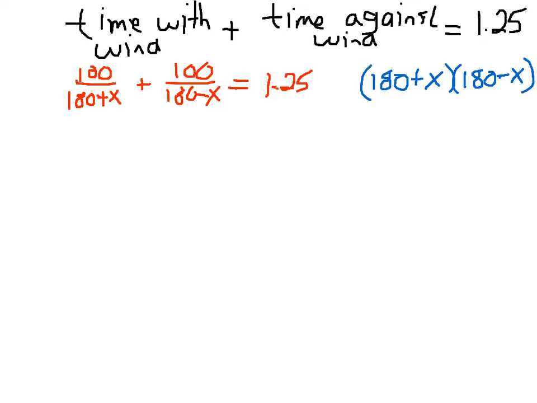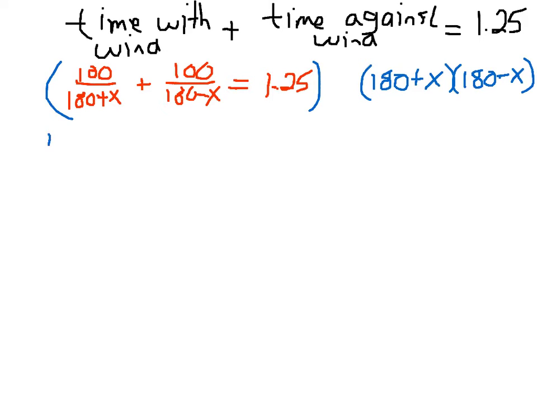When you multiply both sides of this equation, once we distribute the least common denominator over this term, we'll have 100 times 180 plus x times 180 minus x, divided by 180 plus x. So the 180 plus x will cancel, and we'll be left with just 100 times 180 minus x. The same thing happens with the second term: the 180 minus x will cancel.